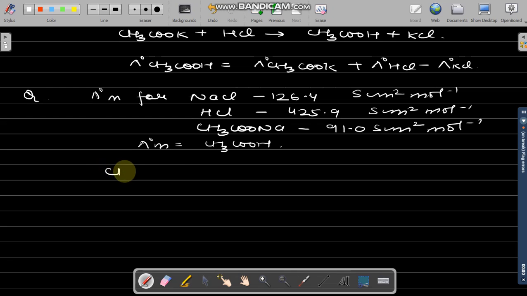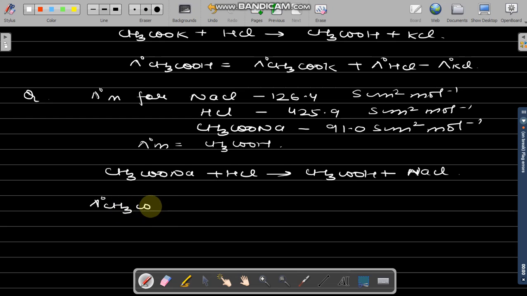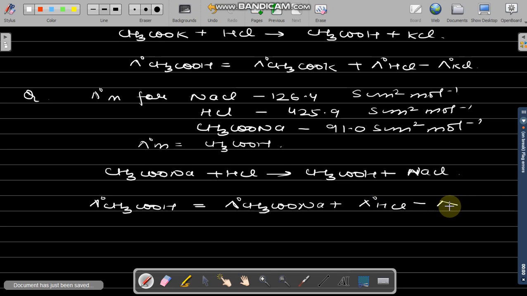First of all, write down the equation: CH3COONa plus HCl gives acetic acid plus NaCl. So the formula is: molar conductivity of acetic acid equals molar conductivity of sodium acetate plus molar conductivity of HCl minus molar conductivity of NaCl.